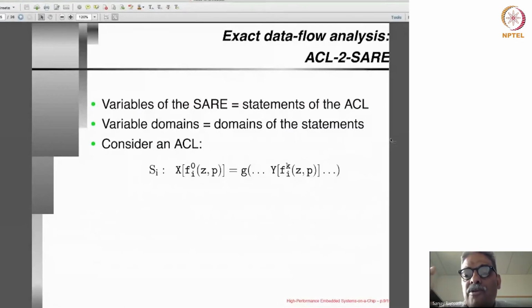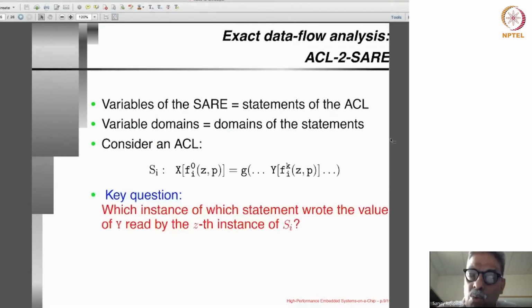Each one is going to be some affine function, subscript i, superscript k, of the surrounding loop indices Z and the program parameters. All of these functions F, with whatever subscripts and superscripts, are affine functions, or linear functions. Like I said, that's synonymous.